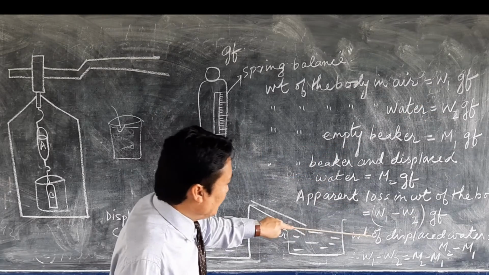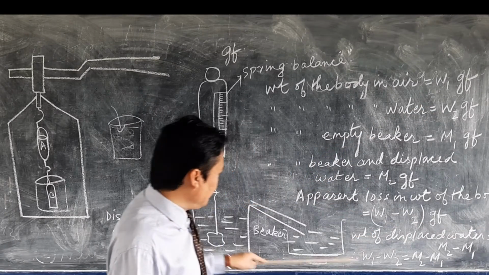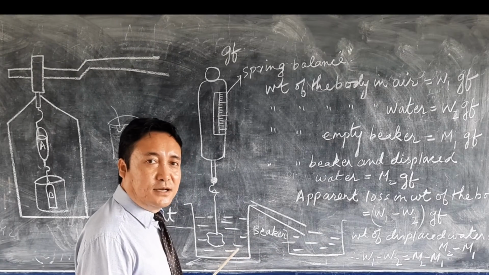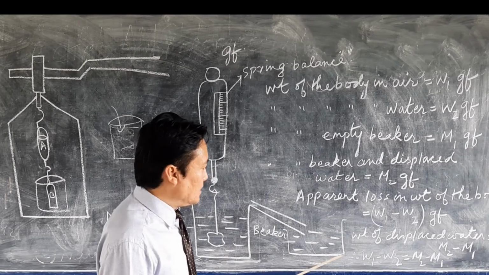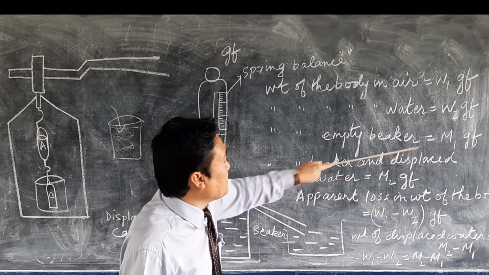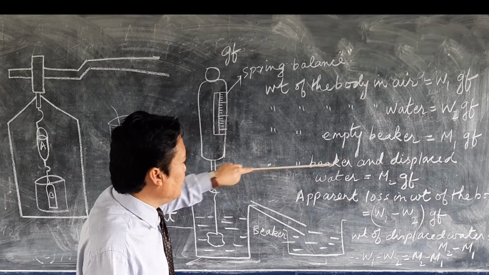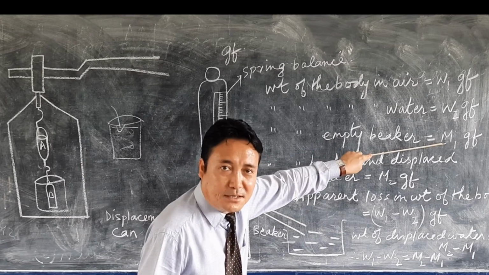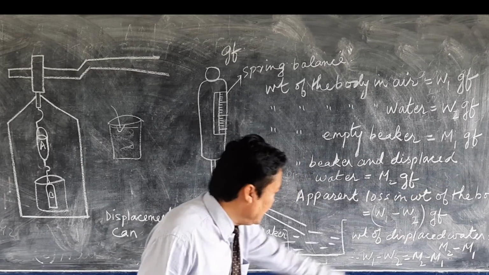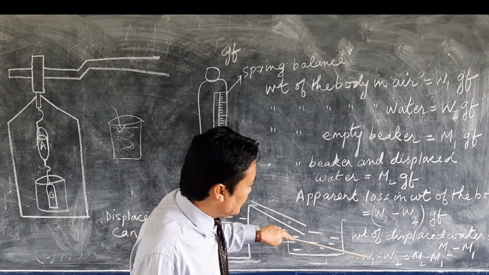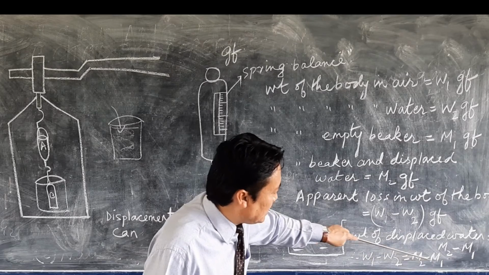Okay. Now again, the weight of the displaced water, which means the water displaced after putting the stone inside the water, can be calculated as M2 minus M1. M2 minus M1 means the beaker with the displaced water, whose weight will be more than the weight of the empty beaker. So finally, the result you will get is W1 minus W2 equals M2 minus M1.